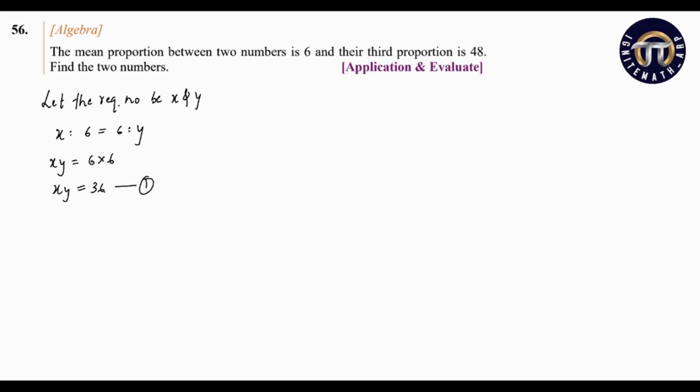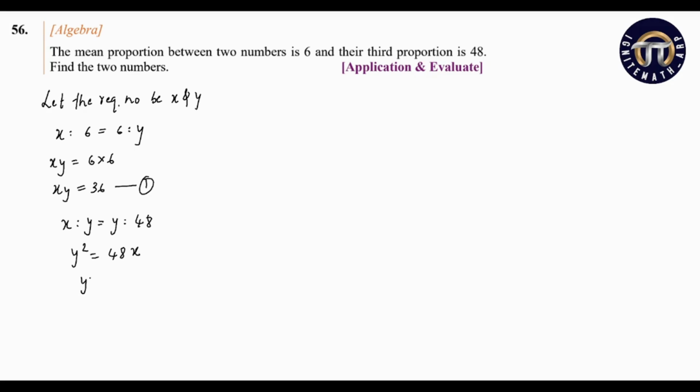I call this equation 1. Later, their third proportional is 48. So x is to y is equal to y is to 48. Third proportional is 48, in the sense that y is nothing but the mean proportional. So product of means equals product of extremes. Again I can write y² = 48x. Clear, children?